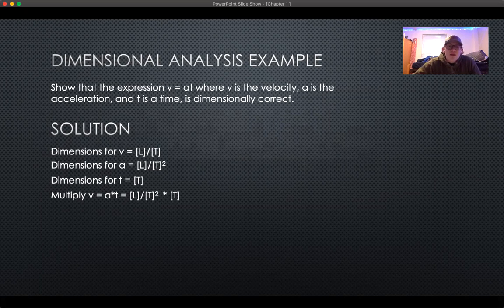Eventually, you will multiply out, so you have your equation v equals at, so you've got length over time squared times time. The time will cancel with one of the times on the bottom, so you will be left with L over T, which is correct dimensionally. So the expression v equals at is correct.